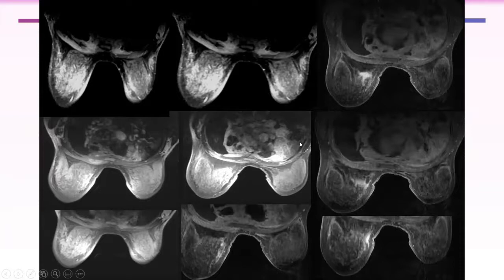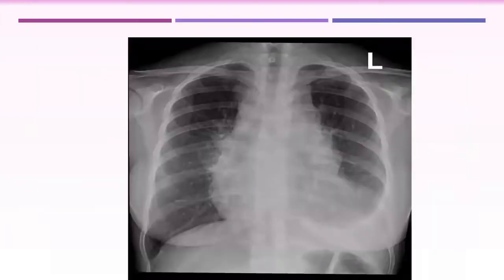And this is the X-ray corresponding to what you have seen on MRI. Look for the mediastinal widening as well as lobulated pericardium with adjacent lymphatics.